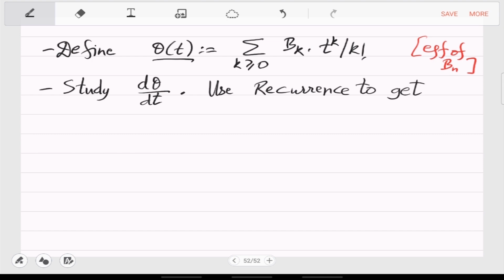To get this d theta by dt, what do you think you will get?